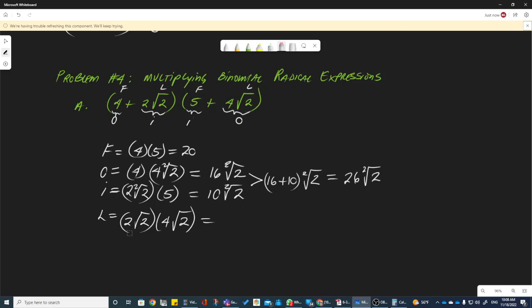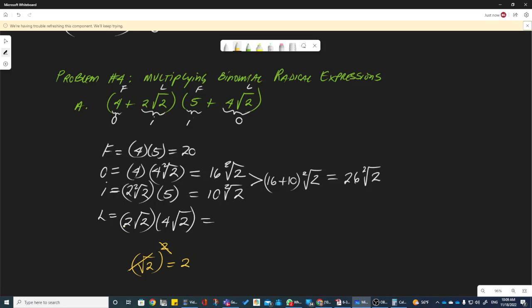When you have two radicals inside of the house, this is what you do. Look, when you have this situation, this 2 cancels that, and this is equal to 2, all right?